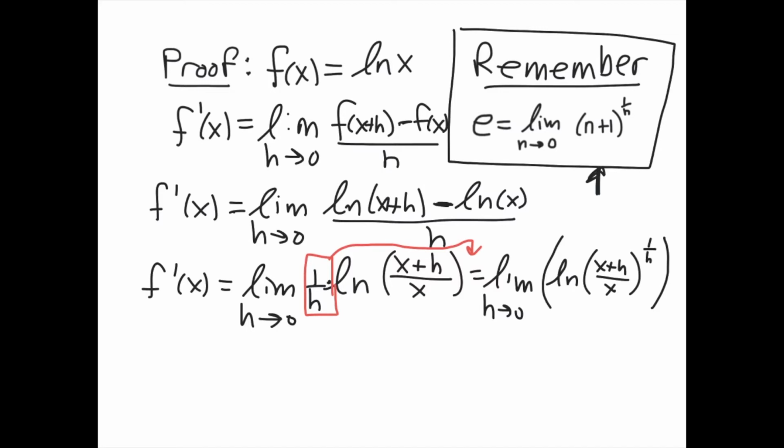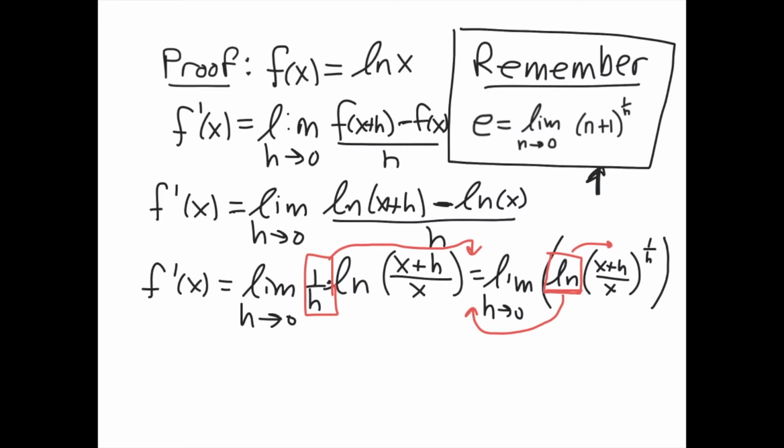Okay, so the next thing I would like to do is think about a limit rule for being able to take things outside of a limit. I told you we're going to be bringing back logarithm rules and limit rules. Well, here we have a rule about limits that when you have a continuous function applied to everything inside of the limit, we can actually pull that continuous function outside of the limit. And so that's what I'd like to do next.